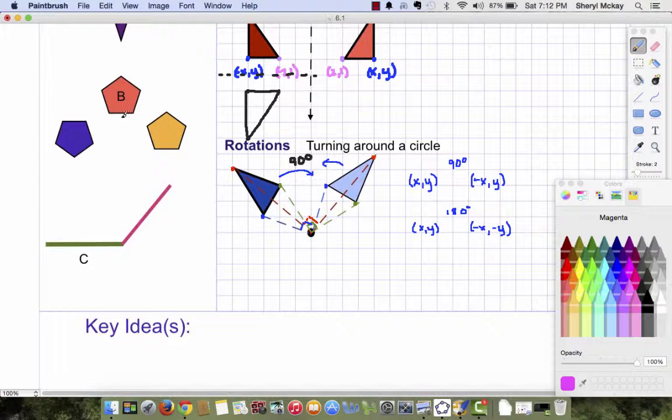Well, you can see that we're sliding over and down. So it is a translation. Okay? And what do you think this last one is, this blue one? Is it a translation, a reflection, or a rotation? What do you think?